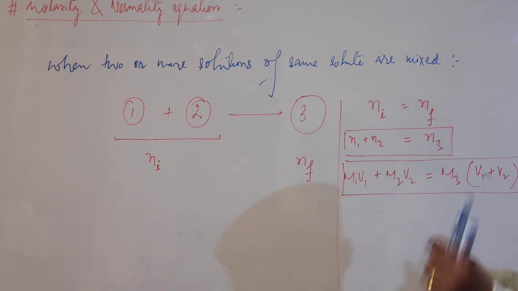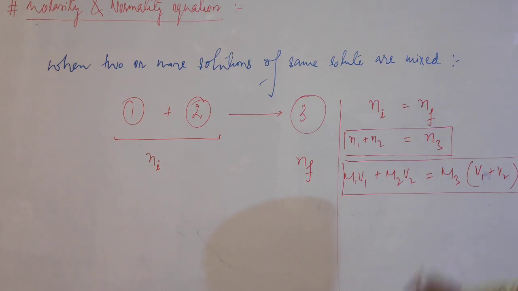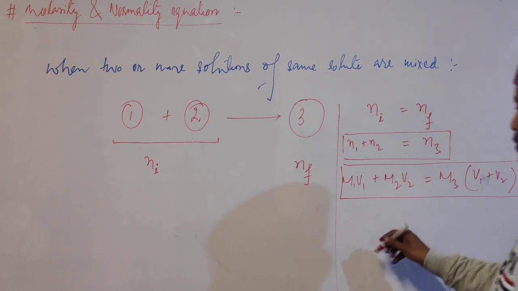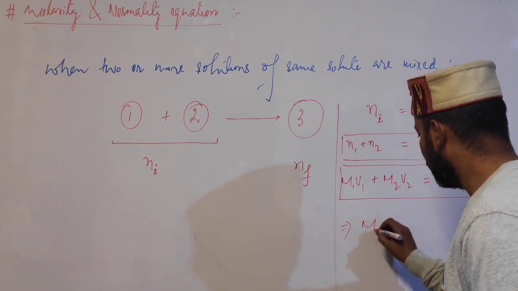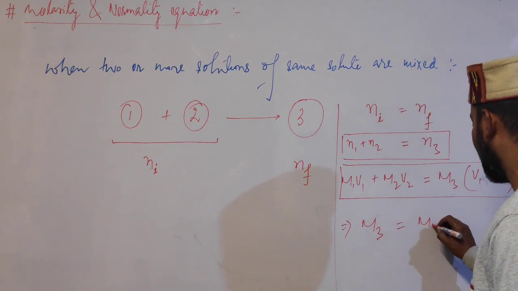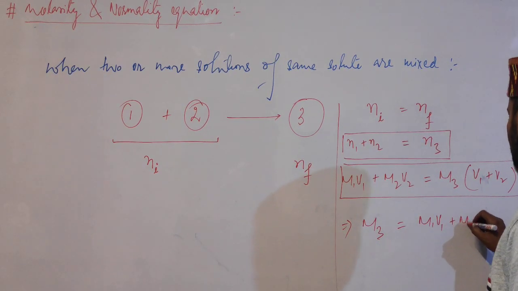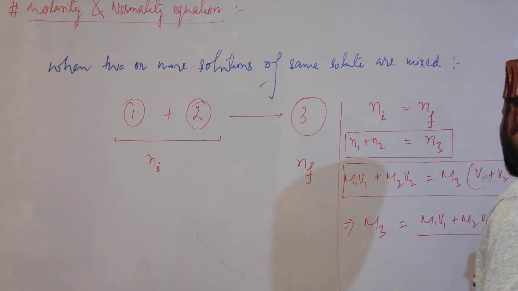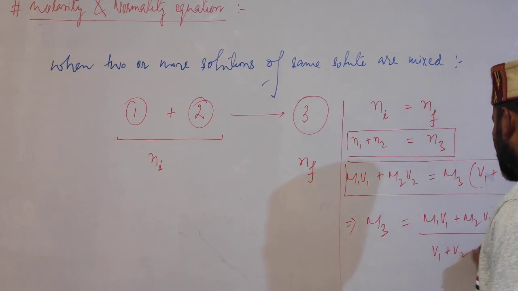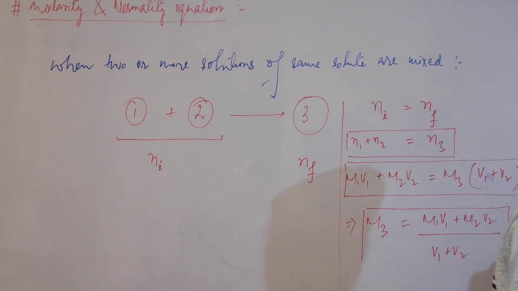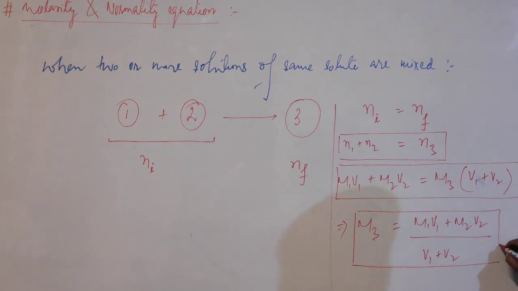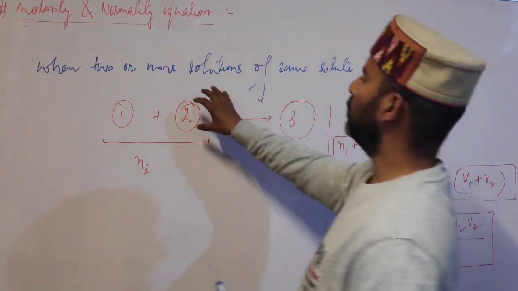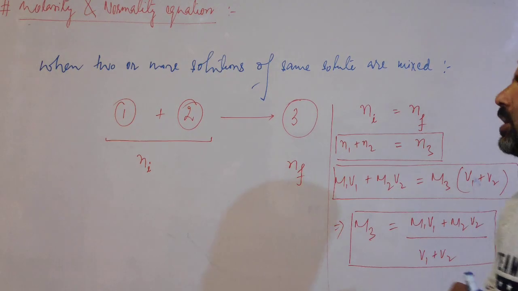Here we are taking 2, but if there are more, you will do it in the same way by generalizing. So finally the molarity of the solution will be M1V1 plus M2V2 divided by V1 plus V2. So students, this is the molarity equation when two or more solutions of the same solute are mixed.